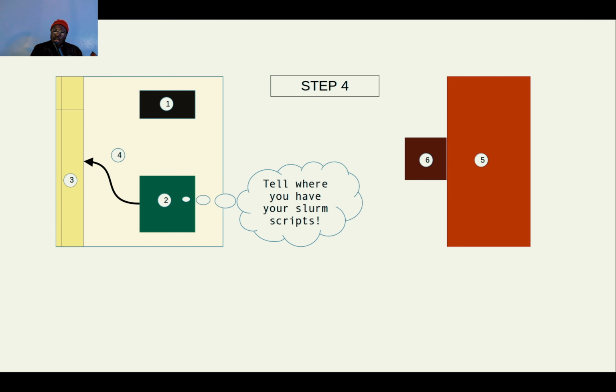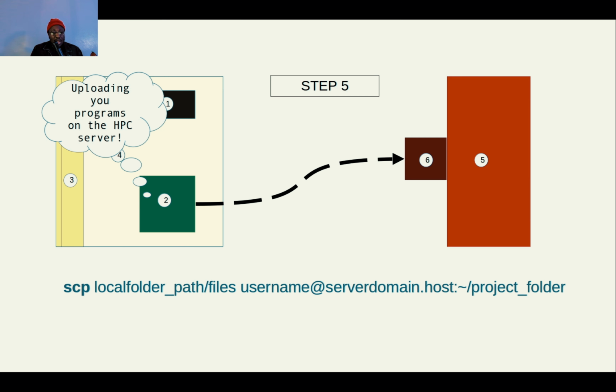So when I have that, now my tool will find a folder where the user will have to tell the tool, this is the folder where you have the scripts. So, tell me where you have your scripts, and you tell the tool I have it in this folder, and I give the name of that folder.